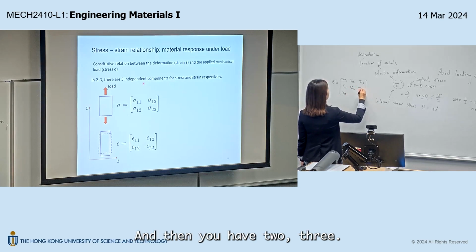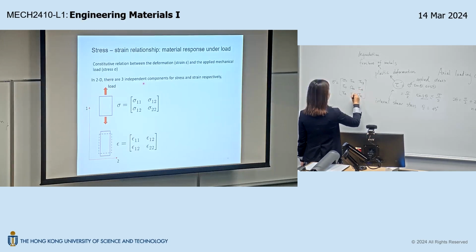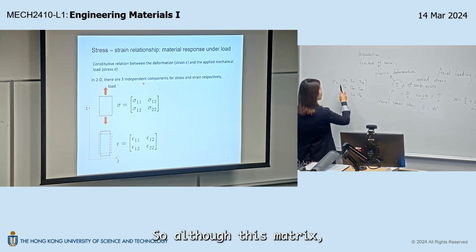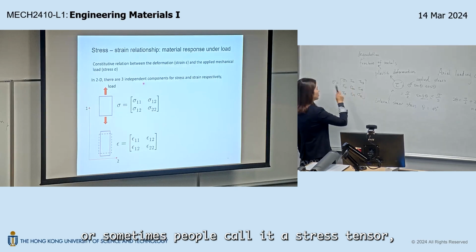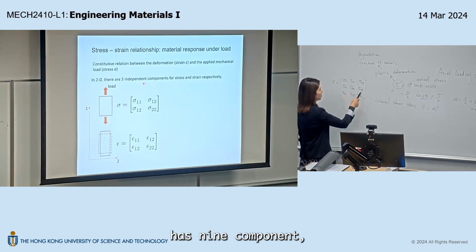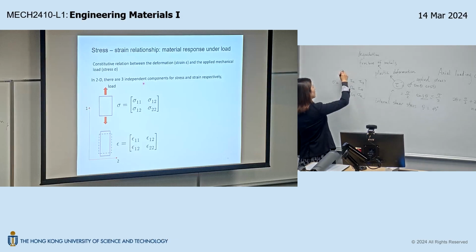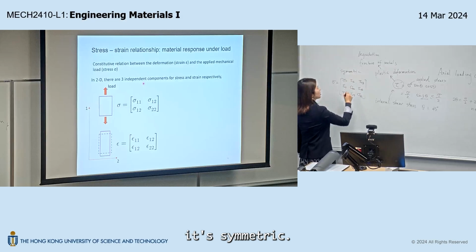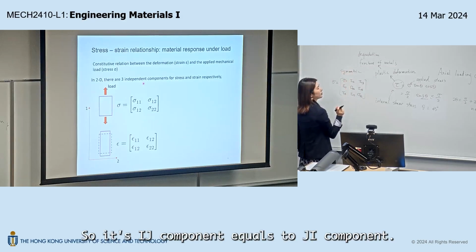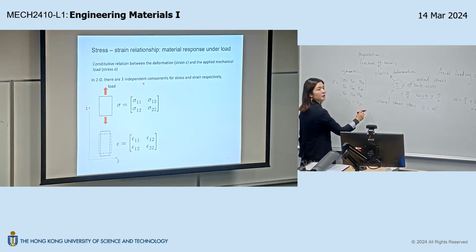And then you have 2,3. So although this matrix, or sometimes people call it the stress tensor, has 9 components, because it is symmetric, its ij component equals its ji component.